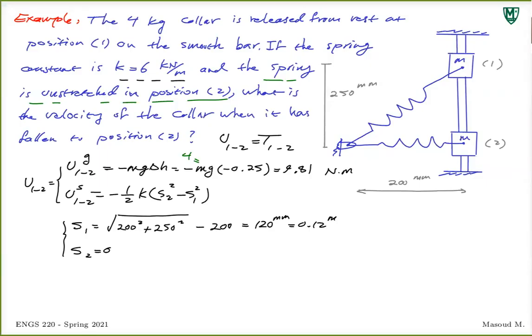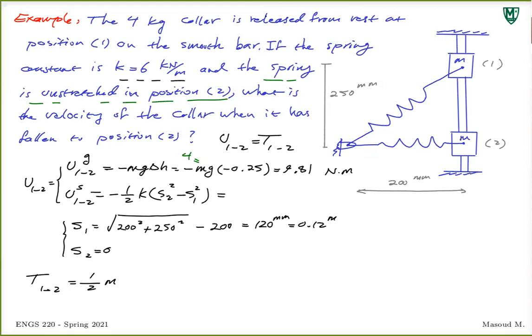Now, the rest is hopefully pretty straightforward. Change in kinetic energy would be 1/2 m, it's released from rest, so we only have final velocity. Actually, let me do the calculation here.